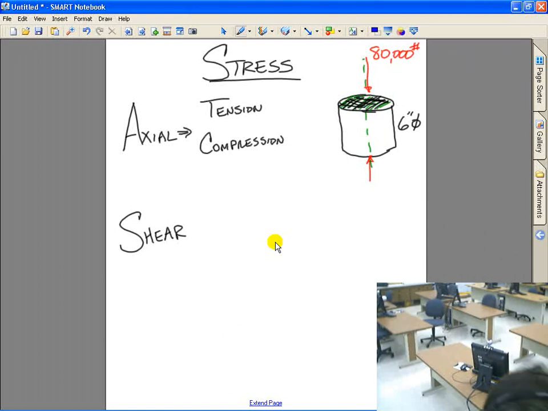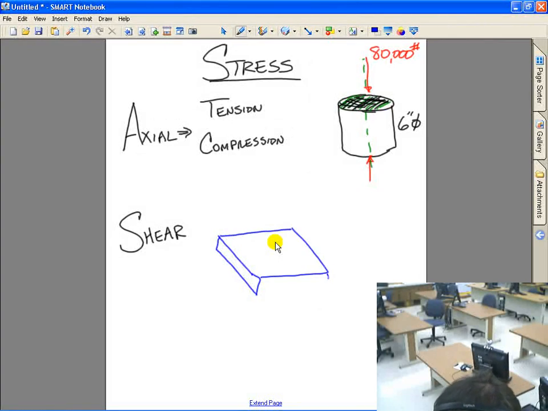So, if we have a plate, here's one plate, and down below it we have a second plate.